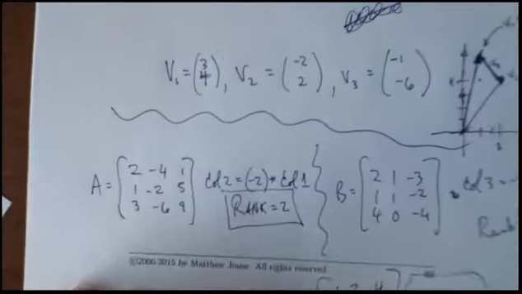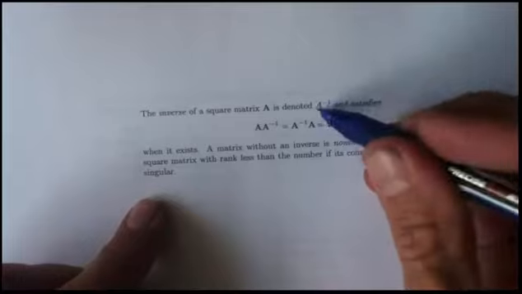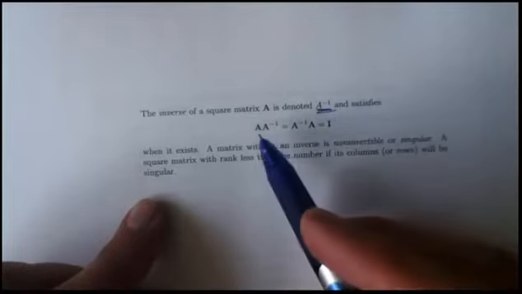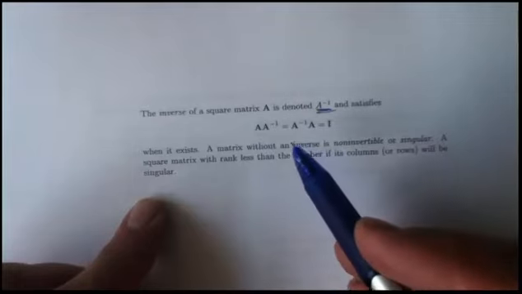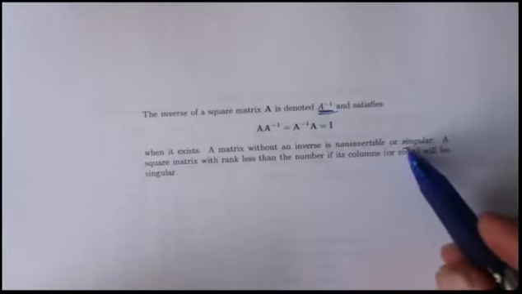Same with these. So the inverse of a square matrix is denoted by this notation. What is that? This is what the meaning of the inverse is. If I take a matrix A and multiply by its inverse on either side, I should get the identity matrix. Now, it turns out that some matrices are not invertible, and we call those matrices non-invertible or singular.